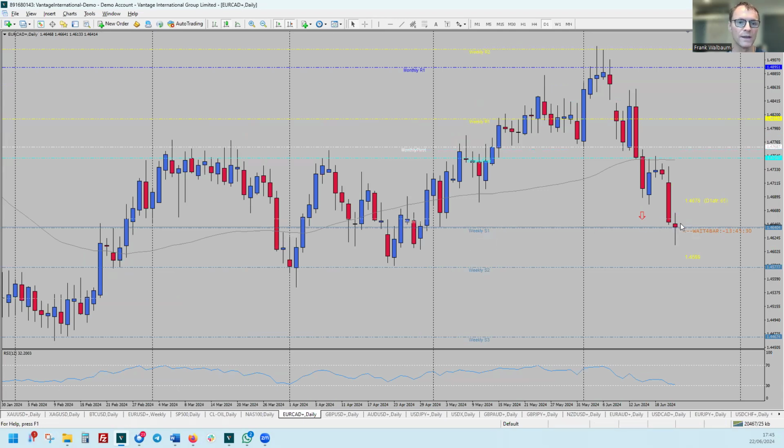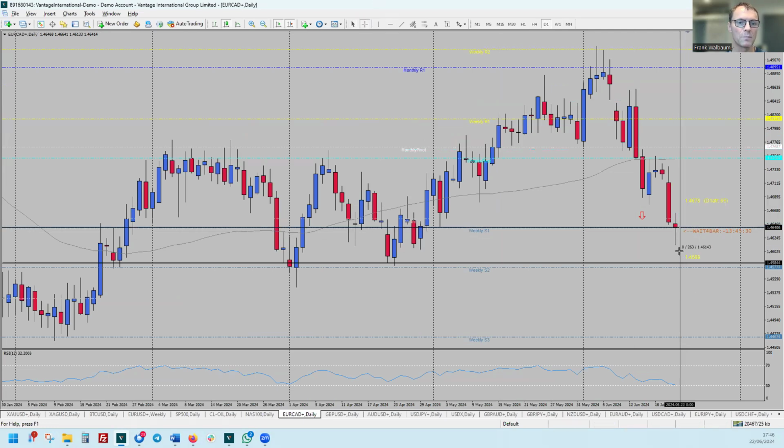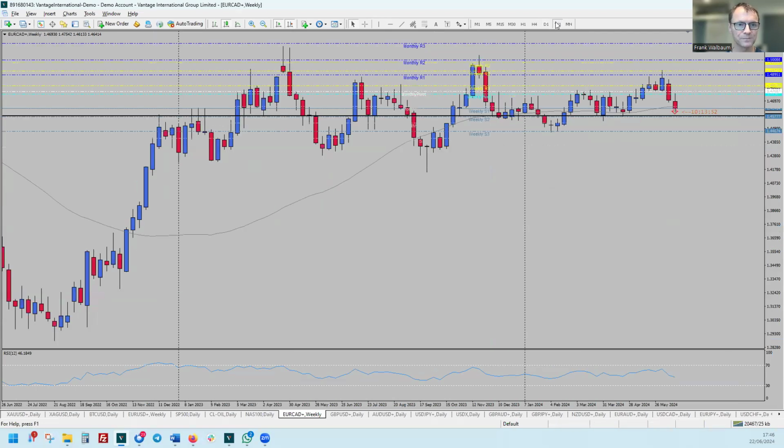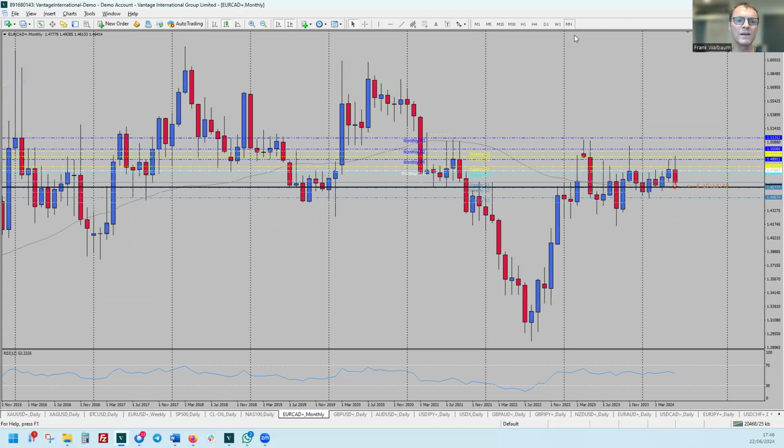Weekly support level currently holding steady. If this zone is going to be broken, further negative momentum for a couple of pips at least, 50 pips to the downside might occur, and then subsequently we observe that the 50 moving average has been broken. Downside pressure on the daily, on the weekly, even towards the monthly chart might cause that further tumbling prices could be the result.